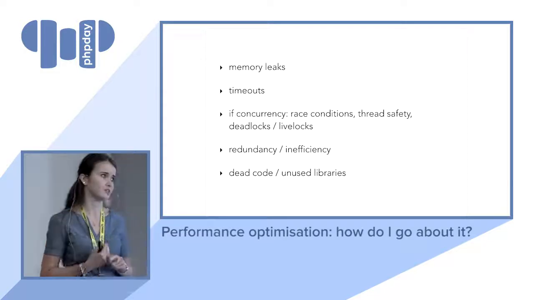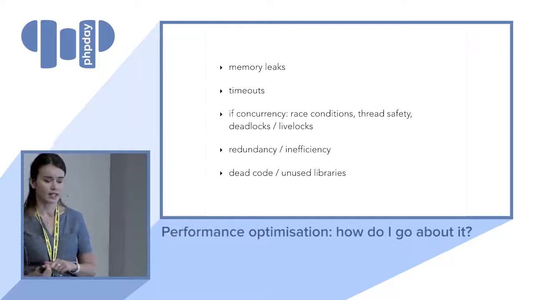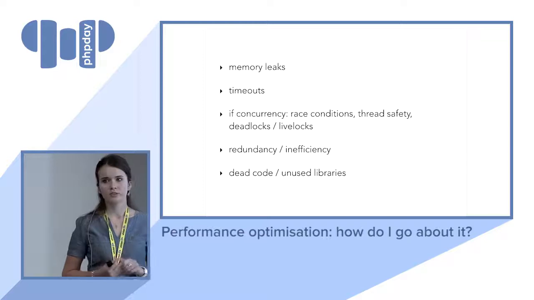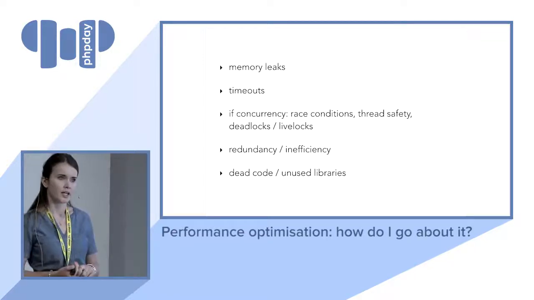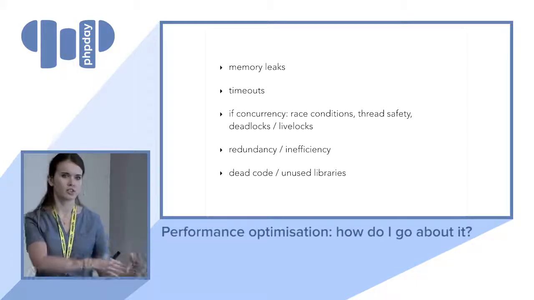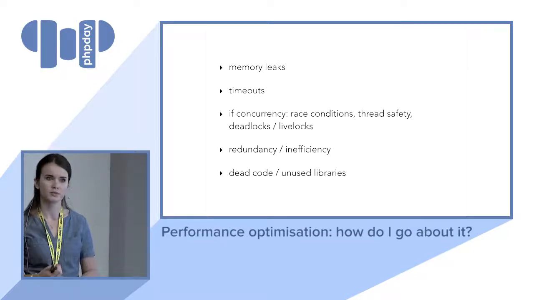You might have some redundancy and inefficiencies. I've touched on that before. You might be doing something more than once unnecessarily. You might have dead code or unused libraries, and you might think, hang on a minute, that's not really that important, is it? But having unnecessary code in your artifact that you ship to production affects your build times and your deployment times, so it does matter.